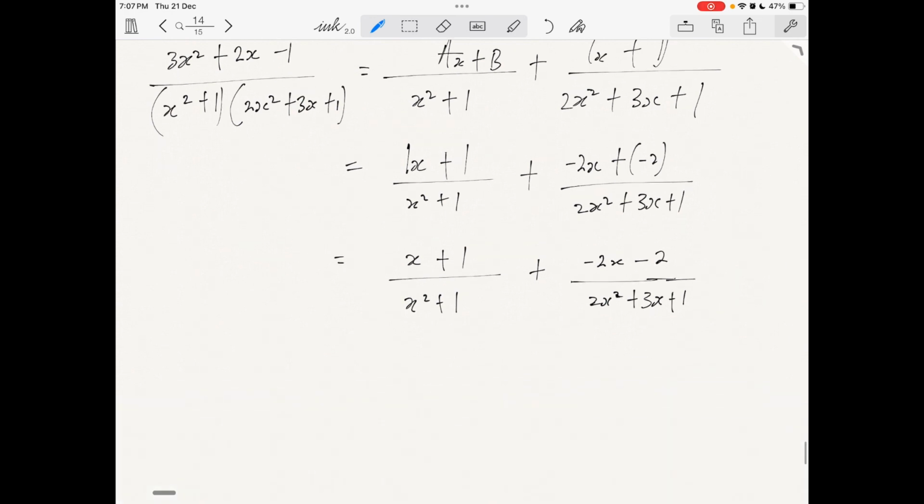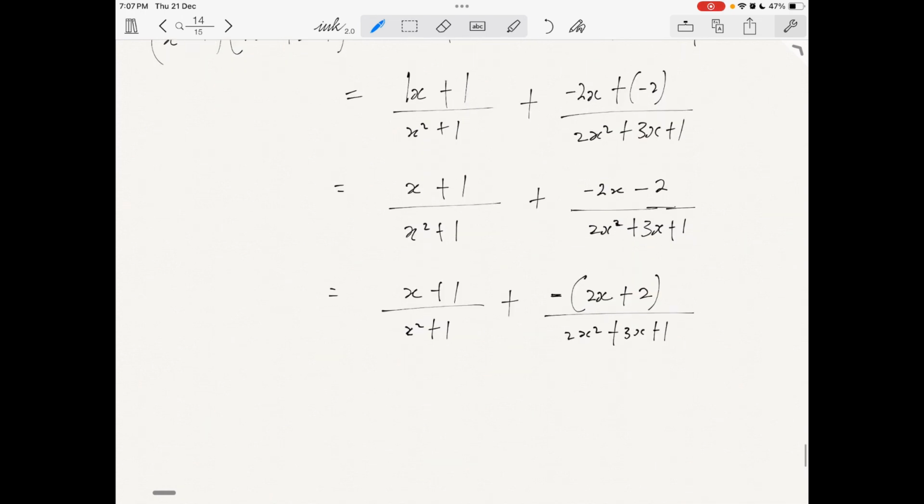So we can factorize here with minus this whole thing. We can factorize it minus. So x plus 1 divided by x squared plus 1 plus minus into 2x plus 2 divided by 2x squared plus 3x plus 1. So eventually this minus and this plus can relate to each other. Please note that it will be wrong if this minus and this plus relate together. It is correct here.